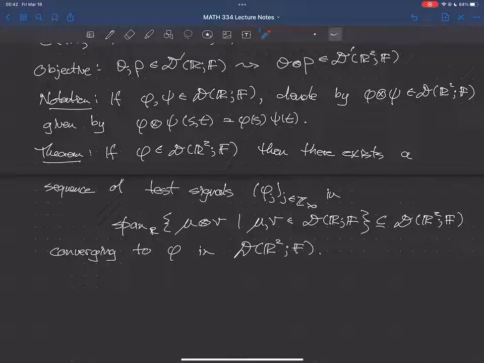But the proof is a bit technical. If you want to dig deeply into this, and it's interesting to do so, what this says is that this vector space with its topology is isomorphic to this vector space.